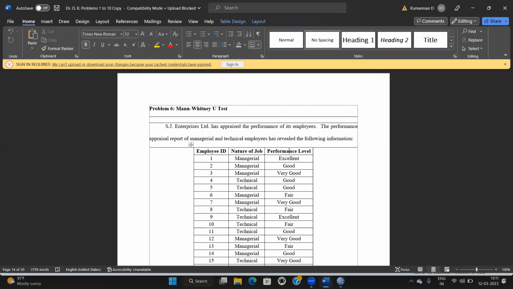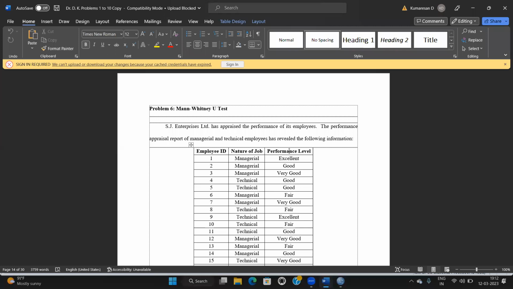So it is not scale data in this problem. Here, it is ordinal data: excellent, very good, good, fair, and poor. The performance level is given as grades instead of real values. So that is the difference between independent samples t-test and Mann-Whitney U-test.